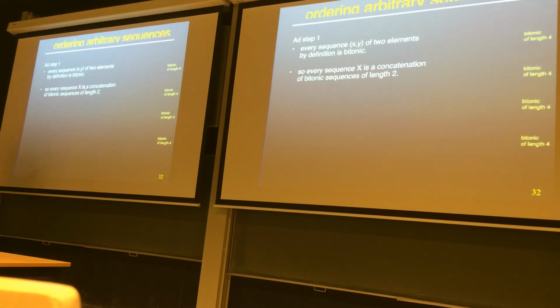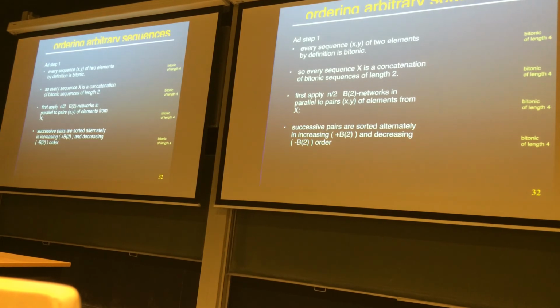So every sequence can be seen as a concatenation of bitonic sequences of length 2. Divide your original sequence in pairs, and you have a sequence of bitonic elements. Now apply n divided by 2 B2 networks in parallel to these pairs of elements from x. And ensure that successive pairs are sorted alternately, increasing and decreasing, by means of which you are forming larger bitonic sequences.